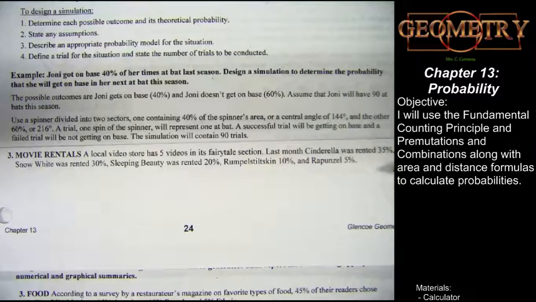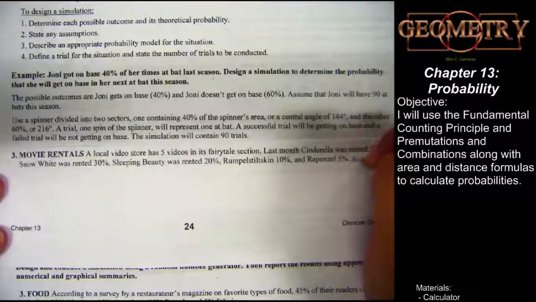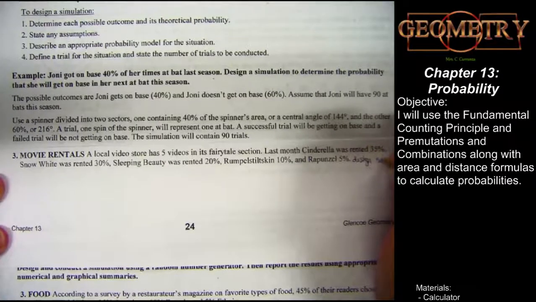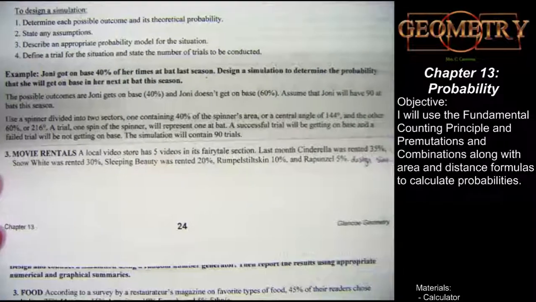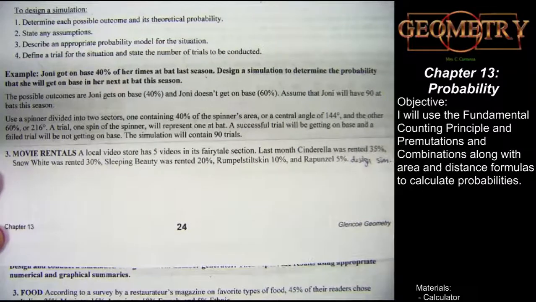What are the possibilities? Well, we could have a simulation that states how many times a particular movie was rented over any others, or just a simulation to tell us how many times each movie was rented. Which simulation would you like to have? The first one. Okay, so we're going to design a simulation that tells us which movie.